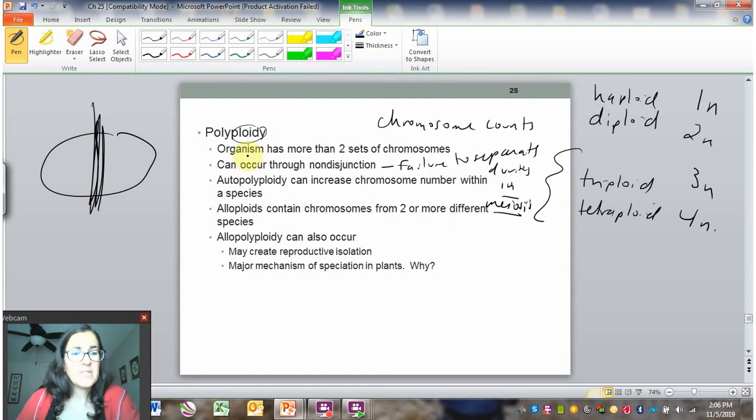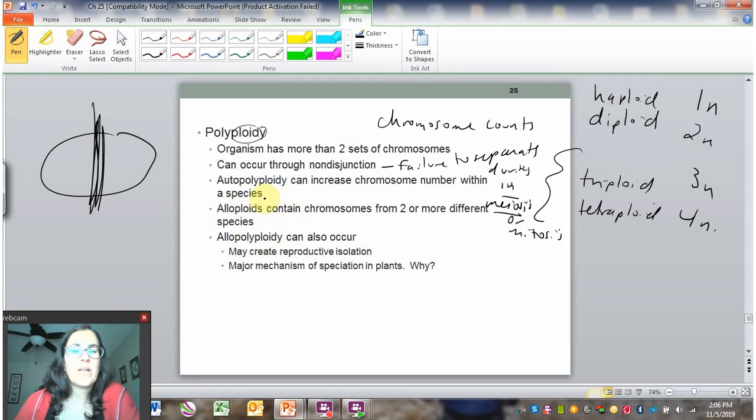So sometimes this happens within an organism, and so it creates self-polyploidy. That's what autopolyploidy means. So they end up with an extra set because they carried out non-disjunction. Sorry, just modify my definition here. It can be a failure to separate during meiosis or mitosis. In the case of reproduction, it's during meiosis.